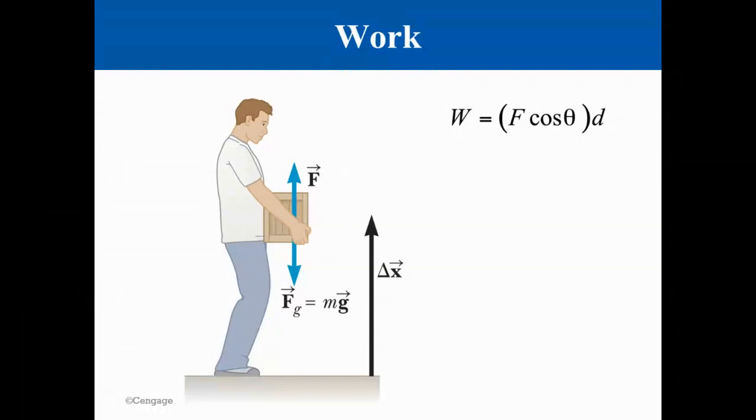They give a quick example over here. Stanton, for instance, is lifting a box, shown in that figure. The work he does on the box is positive because the force he exerts on the box is upward, and that's in the same direction as the displacement. That makes sense. However, when Stanton lowers the box, the motion of the box is downward.